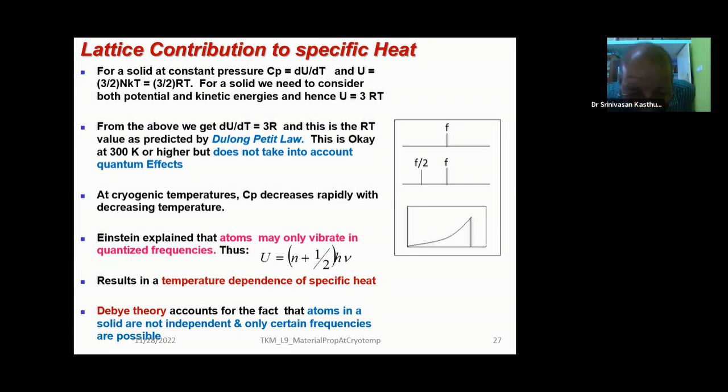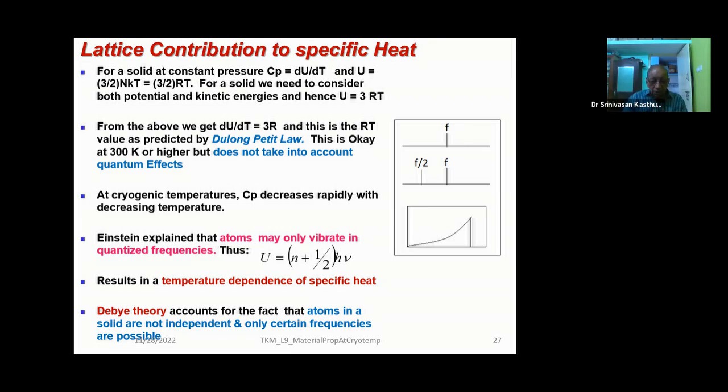He said, for example, if the vibration frequency is nu, then the energy it will have, the internal energy, is (n plus half) h nu. So now these specific frequencies can be different modes. You can have different modes of frequencies, that is half h nu, 3 by 2 h nu, and like that you can keep on increasing.